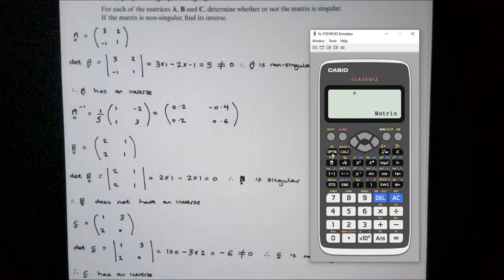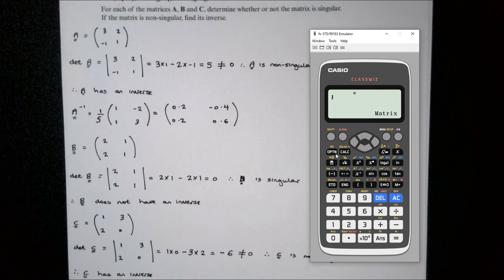Now you'll notice, if we get matrix A loaded up, and if we raise matrix A to the power of -1, you'll notice over here we get a syntax error. So whenever we find the inverse, we have to use this button over here instead of this button here.